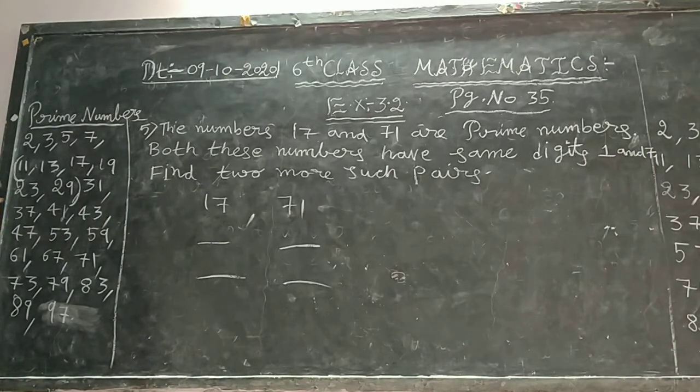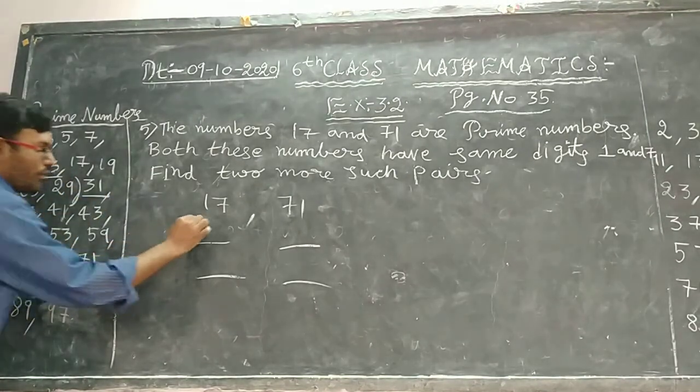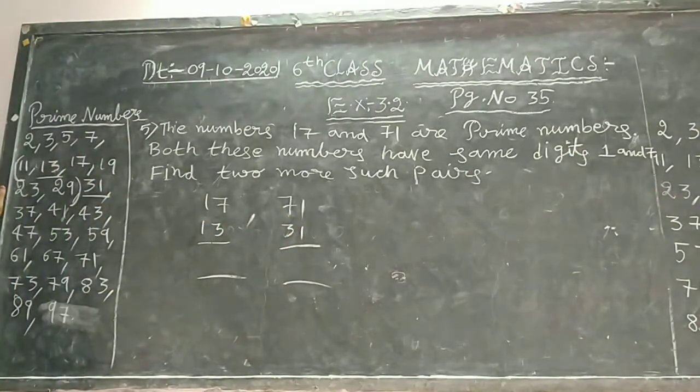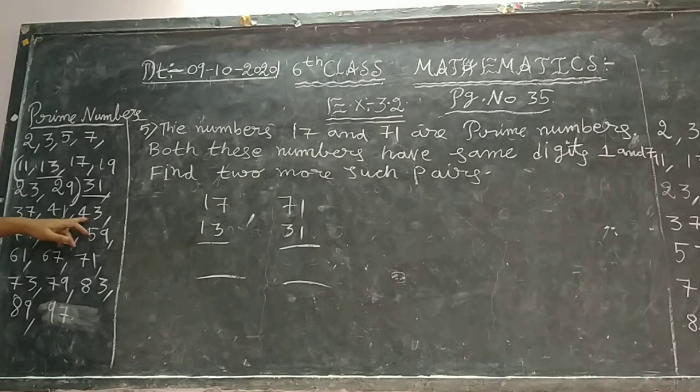If you see 13, the digits 1 and 3, next 3 and 1. So 13, 31. This is another pair. Next, 34 won't be, 35, 95 no, 67, 76 no, 89, 98 is not there.